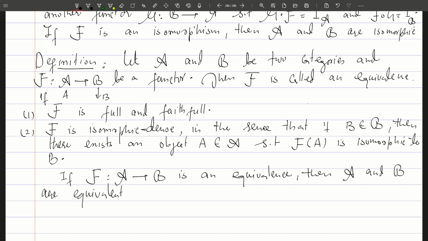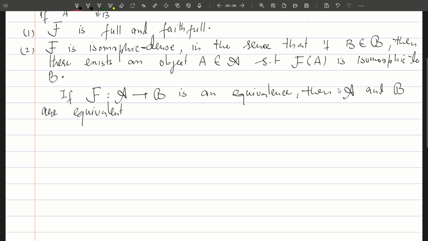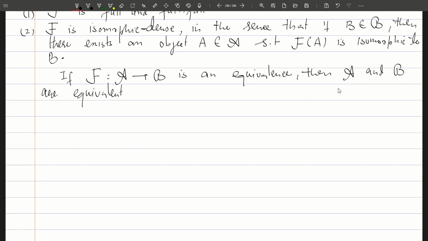So this notion of equivalence is slightly weaker and more flexible than being isomorphic. Now let us give some example.